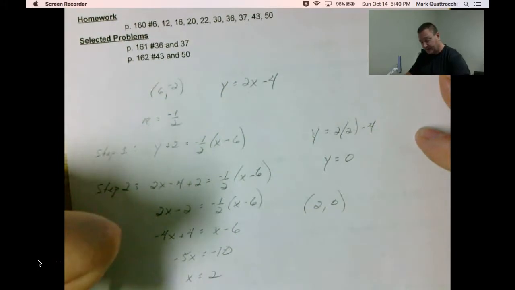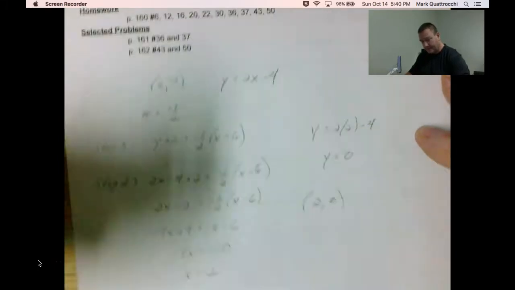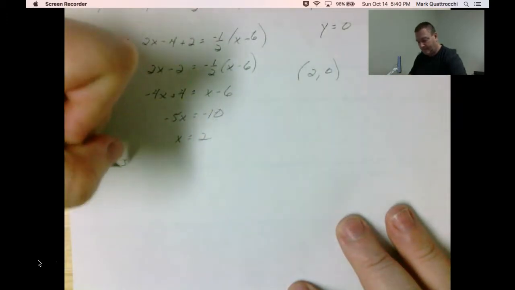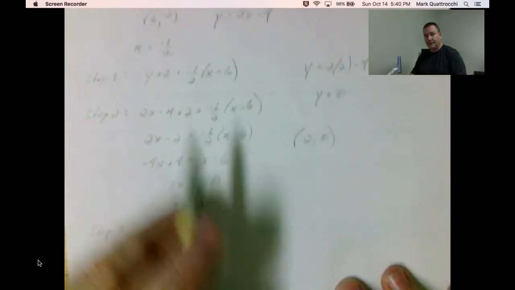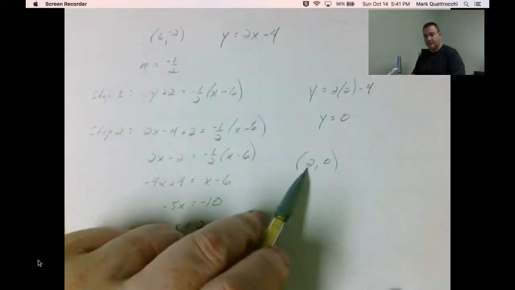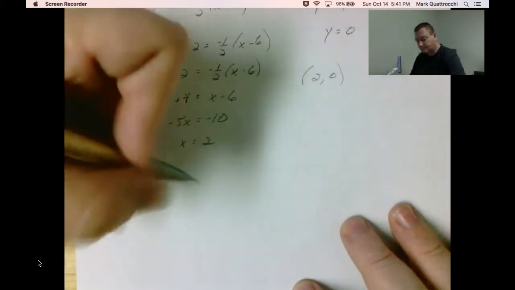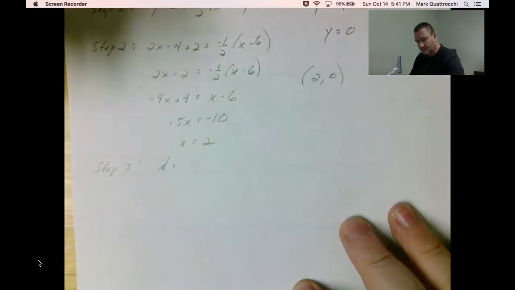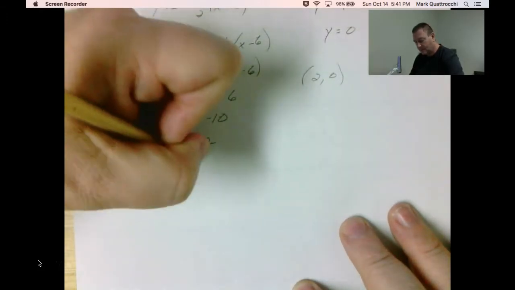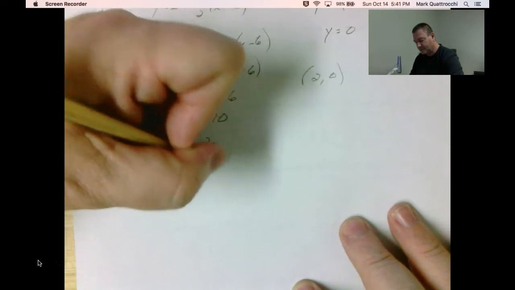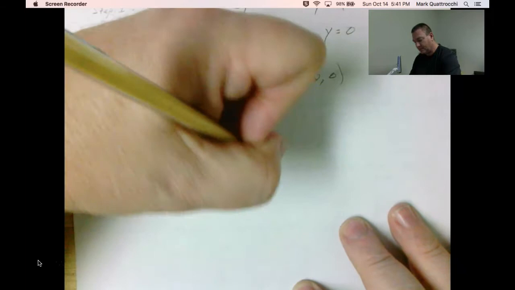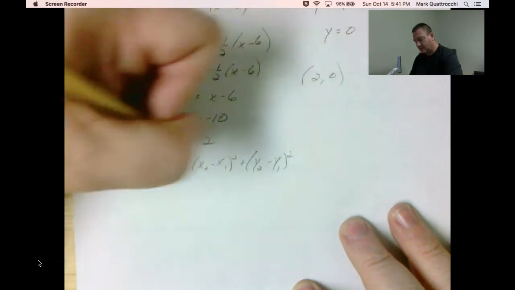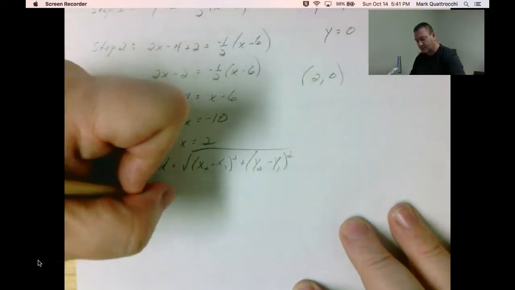So step 3, our final step, is to use the distance formula between these 2 points. d equals the square root of (x2 minus x1) squared plus (y2 minus y1) squared, all inside of the square root.